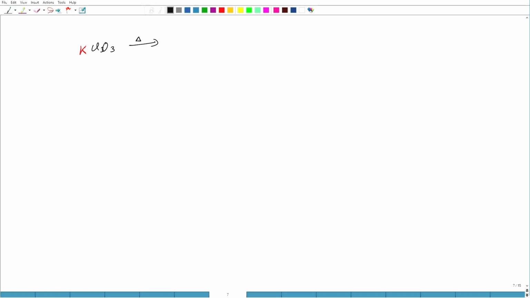Another example is KClO3. On heating, it dissociates itself into KCl plus O2 gas. Again, calculate the oxidation number of each and every element. Potassium, group 1, is +1. Chlorine, we will calculate later. We know oxygen is -2.